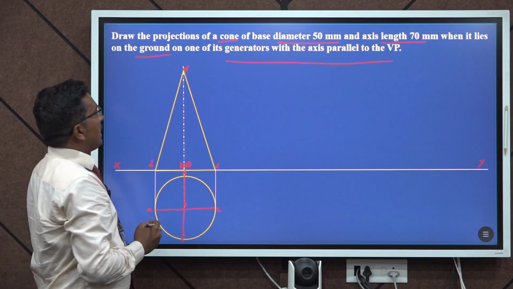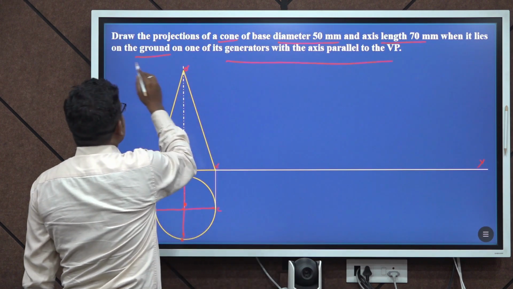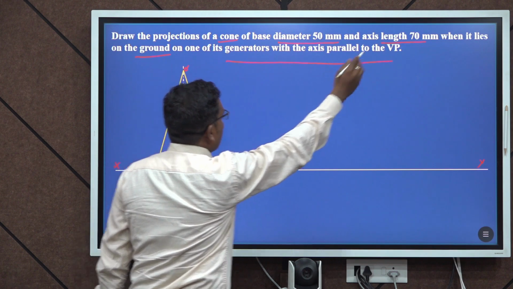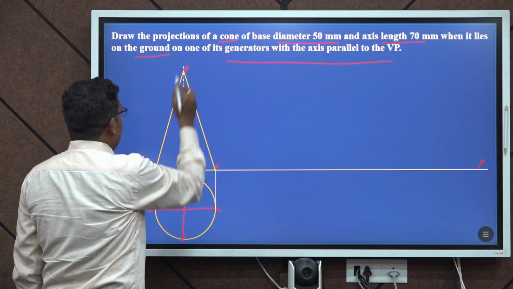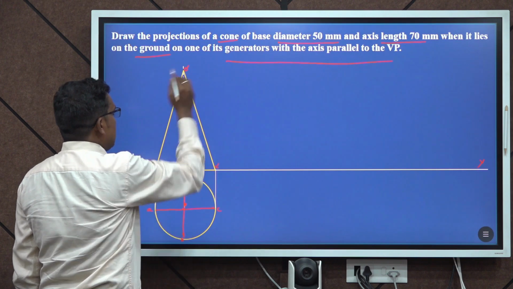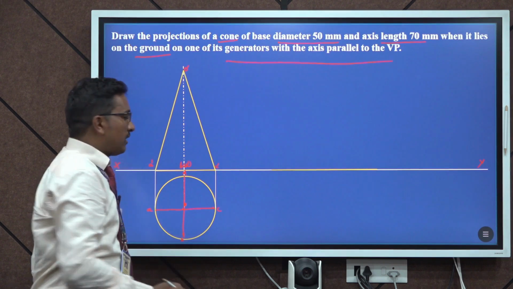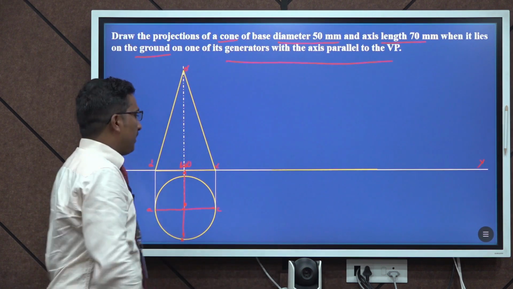Now the given condition is that it lies on the ground on one of its generators with the axis parallel to the VP, which means either AO or CO touches the reference line. I have considered OC. OC is touching the reference line.